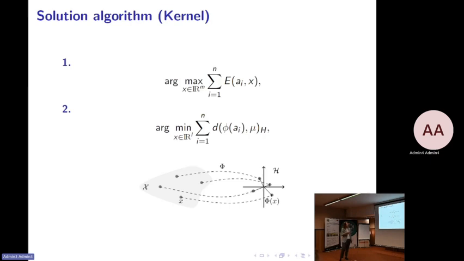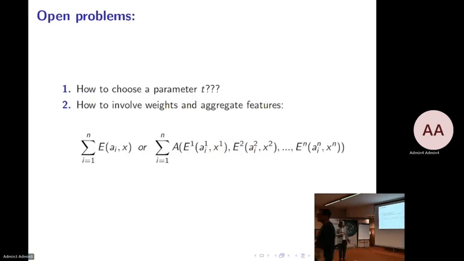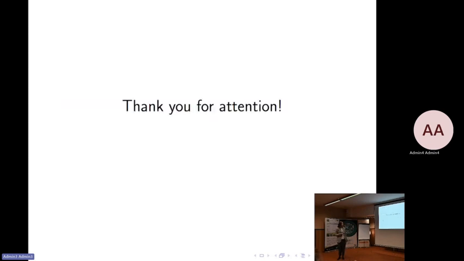Really, with the fuzzy equivalence relation, we could use the kernel algorithm when we go to another Hilbert space and use the usual k-means algorithm there. At that point, we have open problems, but the most important is how to choose the parameter t to make this clustering. Thank you for your attention.